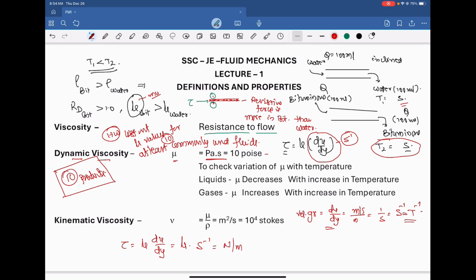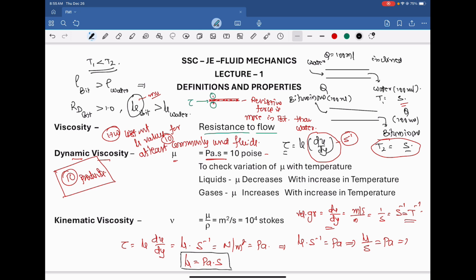Tau is Newton per square meter, that is equal to Pascal. Stress is pressure. Pressure is Pascal. This implies mu into per second is equal to Pascal. Mu by second is equal to Pascal. That implies mu is equal to Pascal second. Everywhere I am using SI units only. Don't get confused.